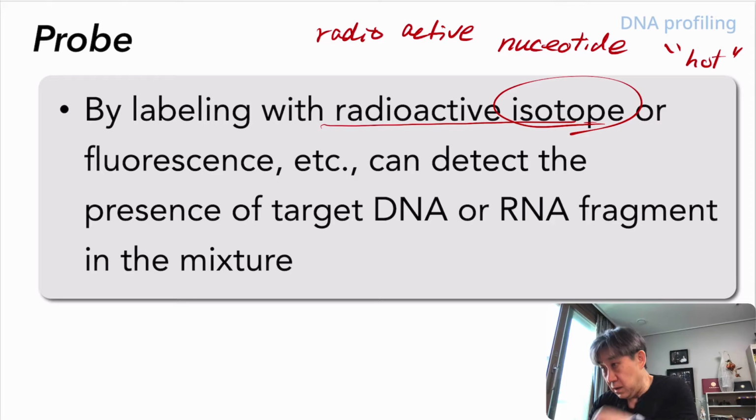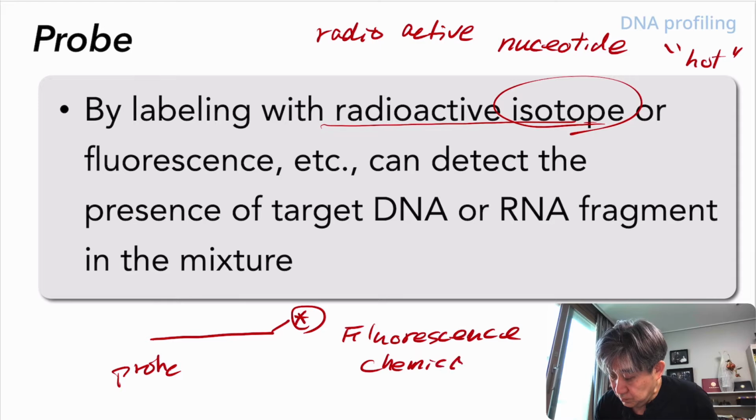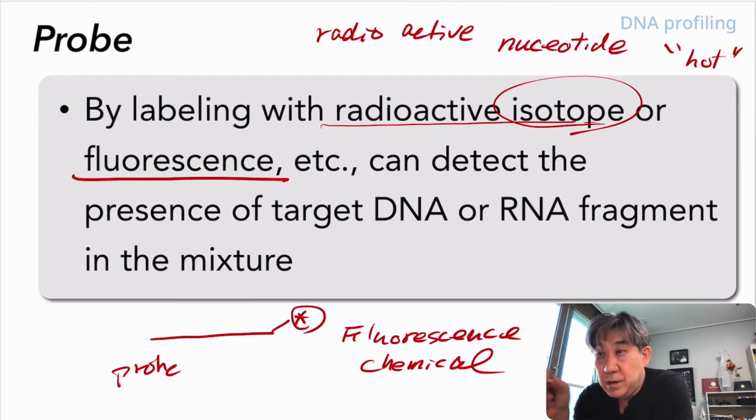Or these days, actually, you specifically label your probe DNA with a fluorescence chemical. It's called fluorescence labeling. Either way, you use either the fluorescence or the radioactive isotope.